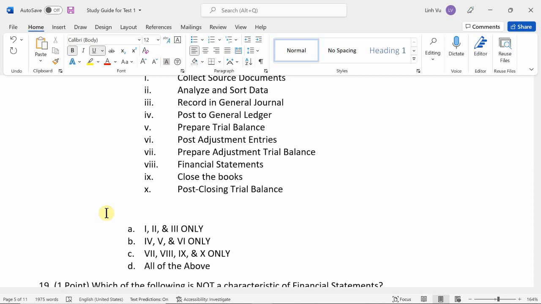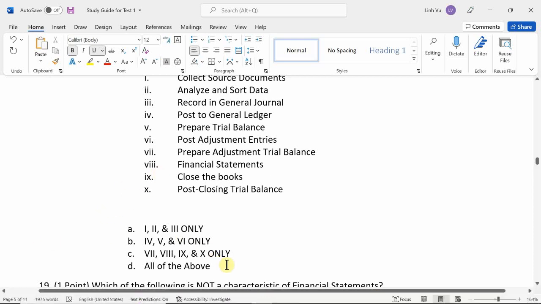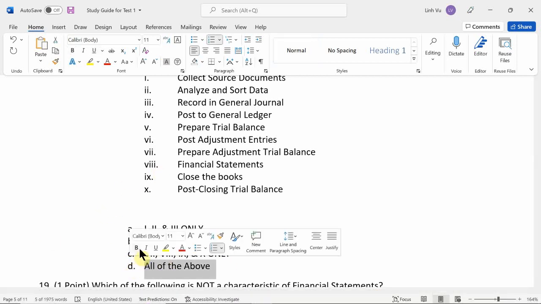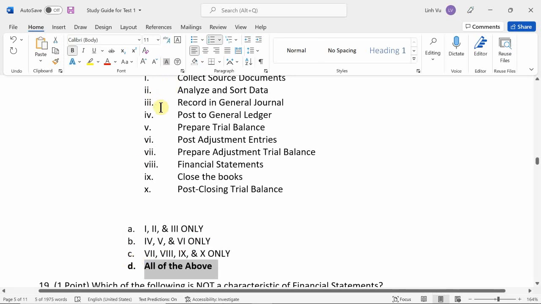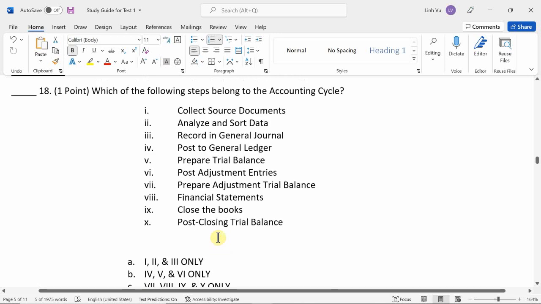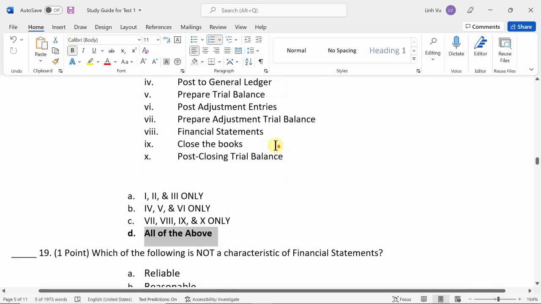Wouldn't it be D? Because all of them are in there. All of them are indeed there, right? You have 1, 2, 3, 4, 5, 6, and 7, 8, 9, and 10. Good. So in this case, all of them are there. Now I can ask you various different questions. I can ask you to put it in order. I can ask you which one does not belong, just like this one. I can give you a list of them, and then one of them isn't going to be part of it.